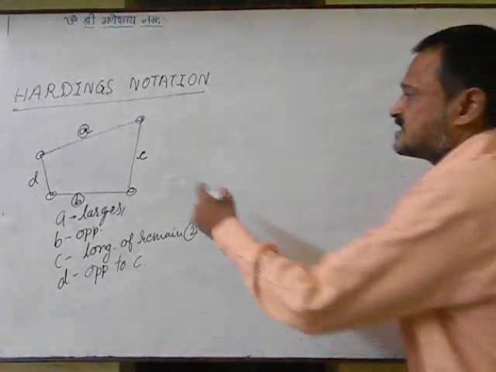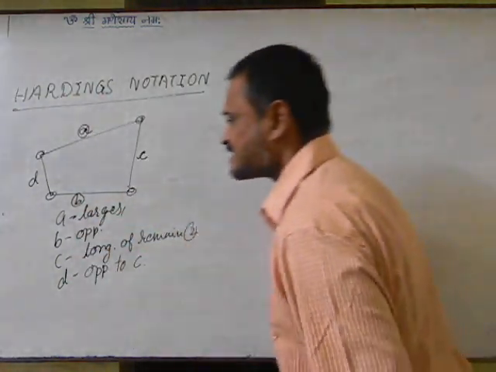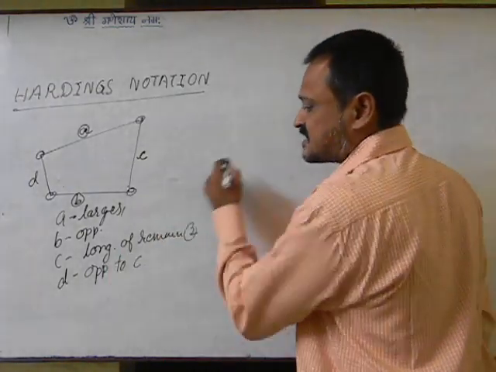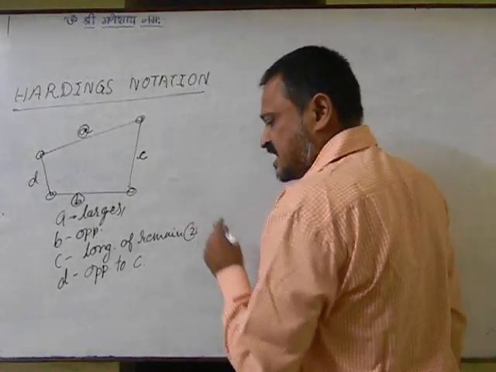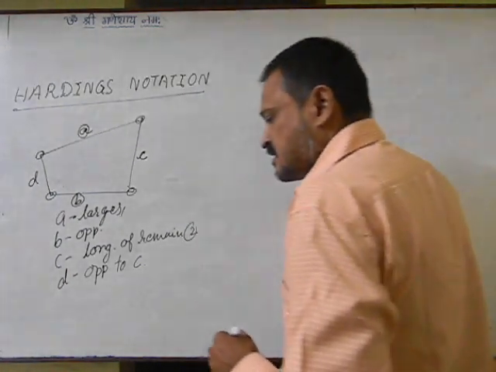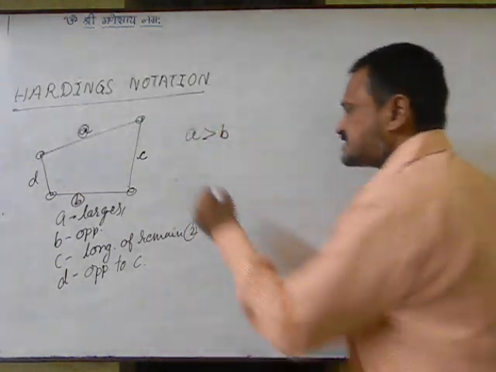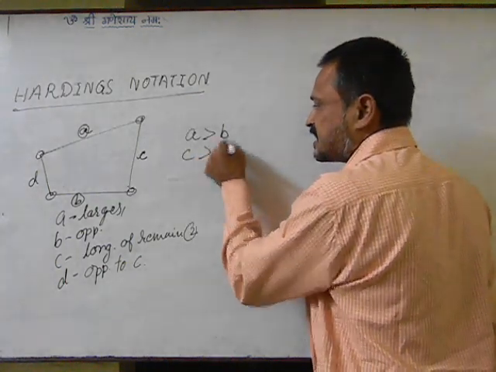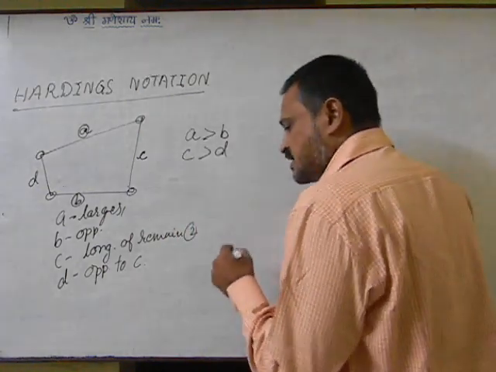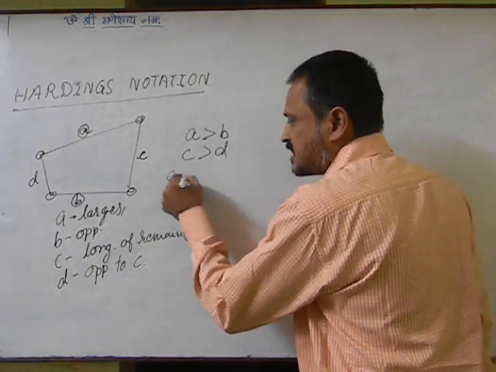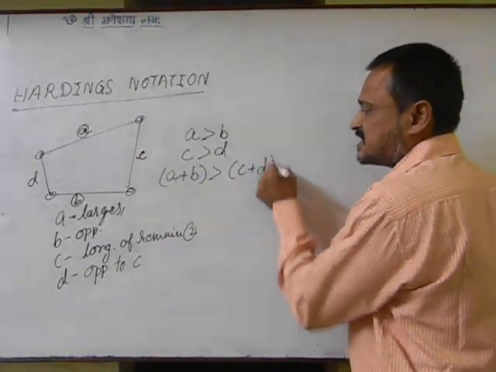If this is the case, these are the notations given by Harding, hence we call this Harding's notation. So in this case A is the largest link, so we can say that A is greater than B and C is greater than D. Now what is Harding's notation suggesting? As well, A plus B is greater than C plus D, right?